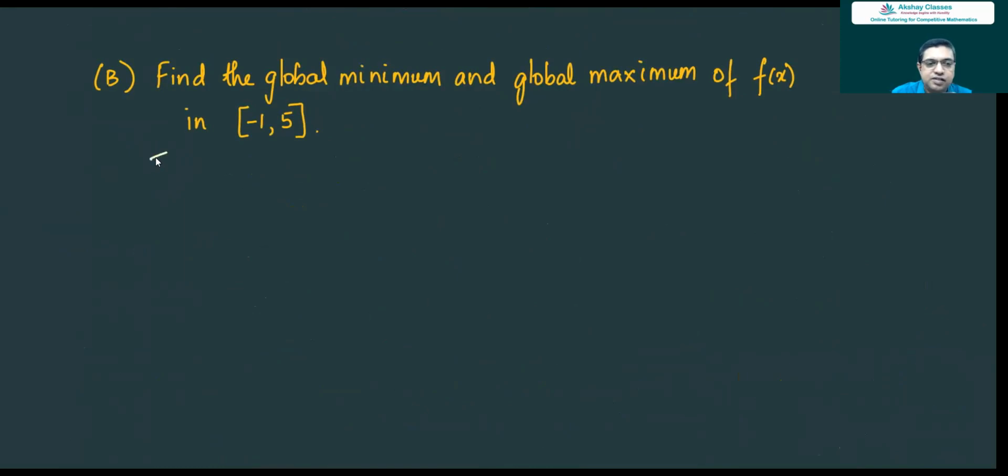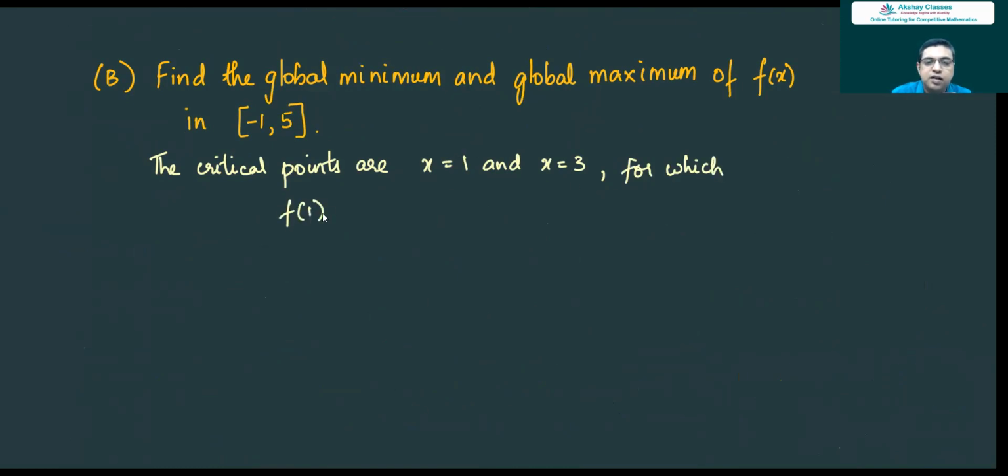The critical points are x equal to 1 and x equal to 3, for which the function values are f of 1, which is 9, and f of 3.